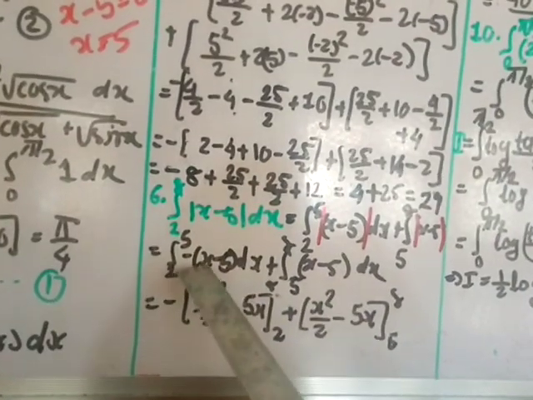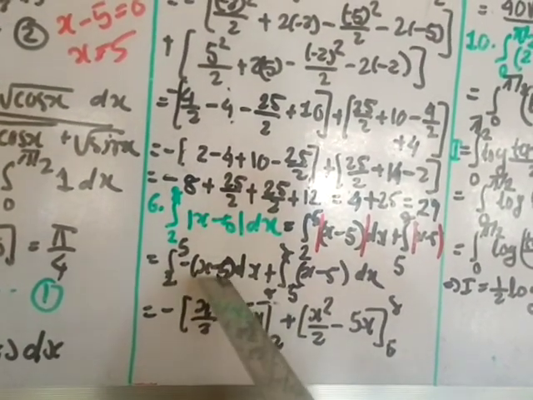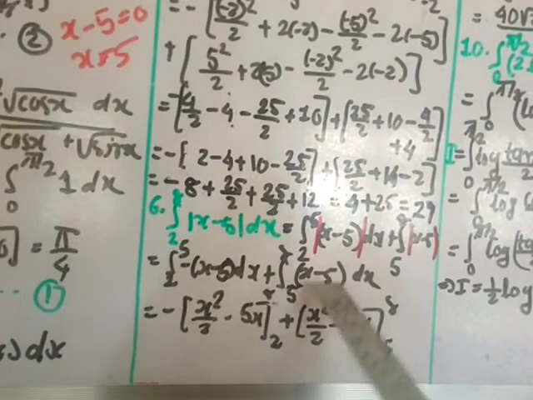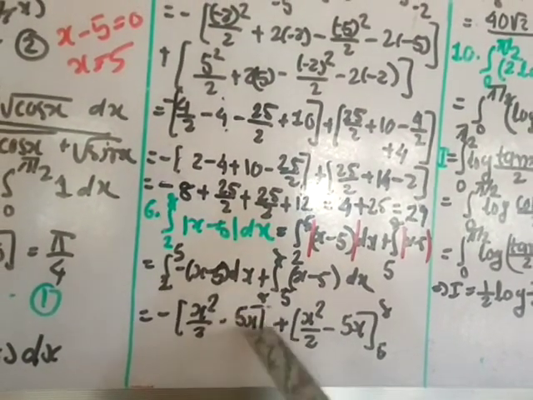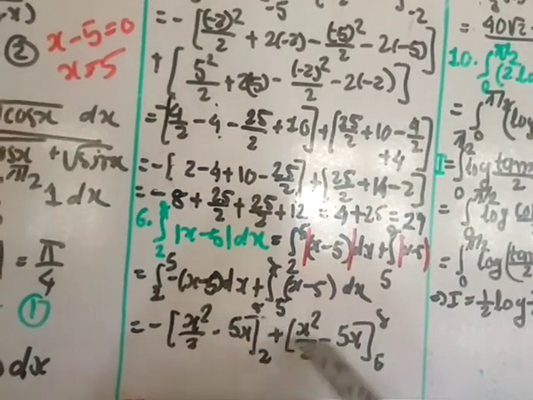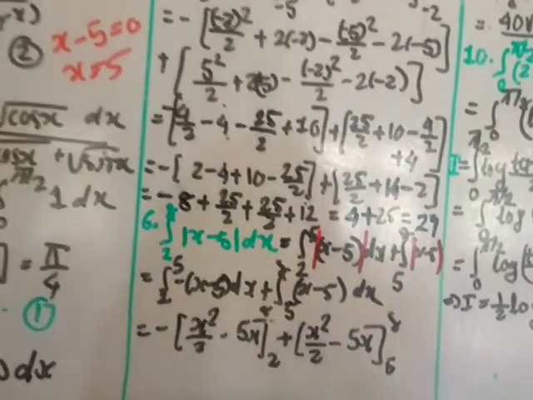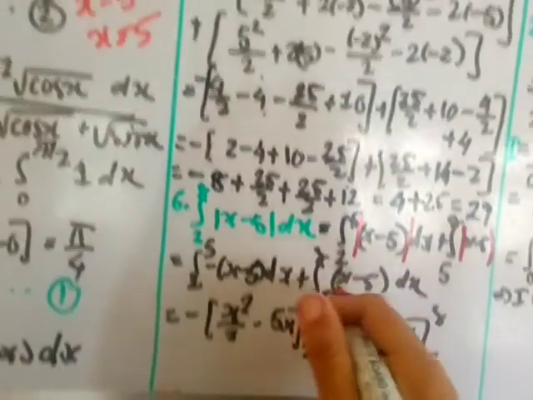Now integrate: integral of x is x square by 2, minus 5 is 5x, plus this integral is the same, x square by 2 minus 5x. Here the limit is 2 to 5, and this is 5 to 8.